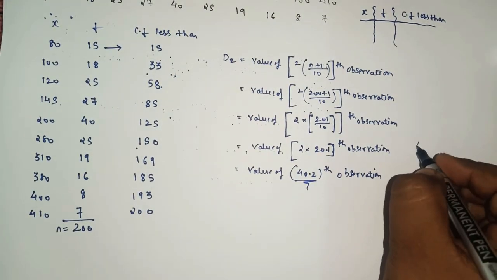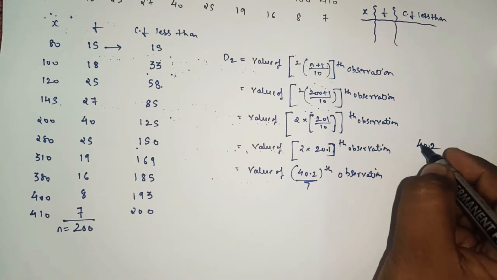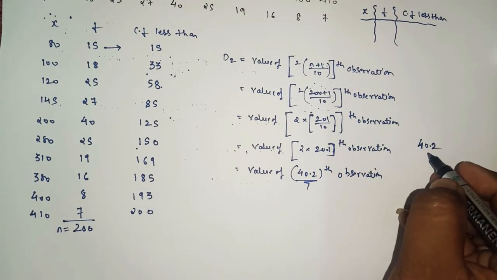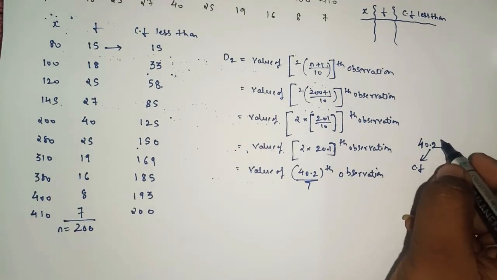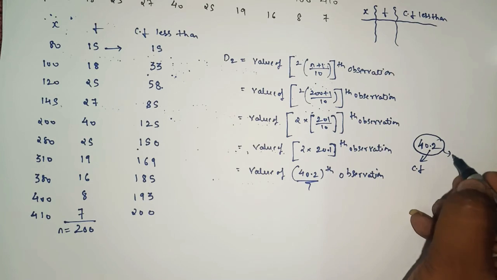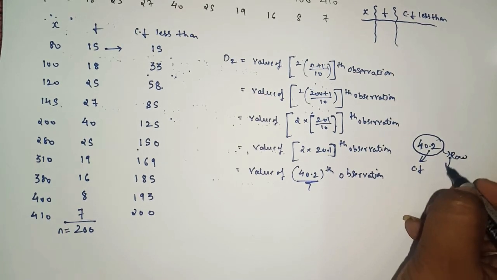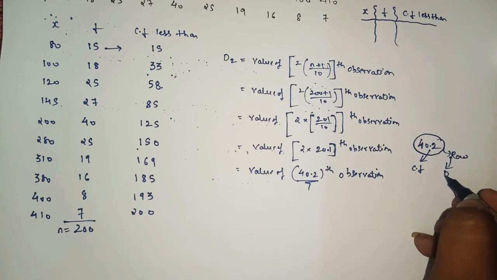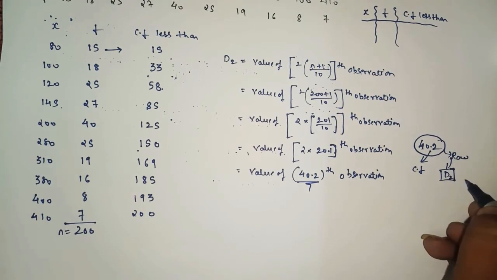Just see this 40.2, take this number and check in the cumulative frequency in which row it lies. That row will be the answer for the decile. Which decile? D2.